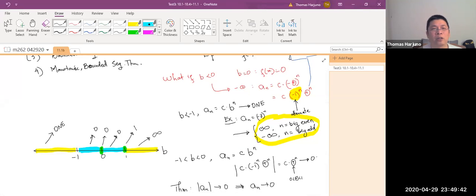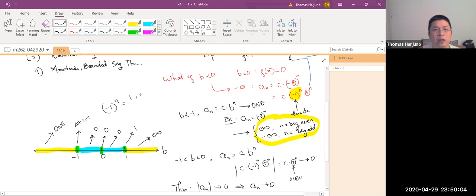Now, what if the base is -1? Alternating plus 1, -1. So -1 to the n power will be 1 when n is even. It will be -1 when n is odd. And it runs forever.